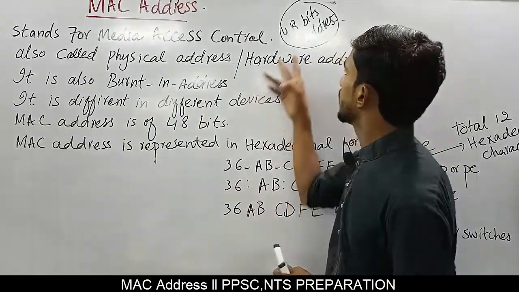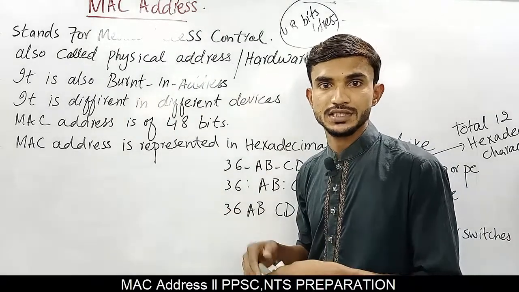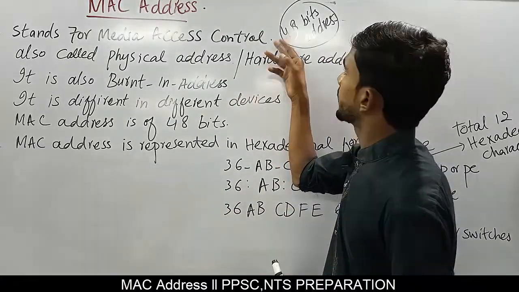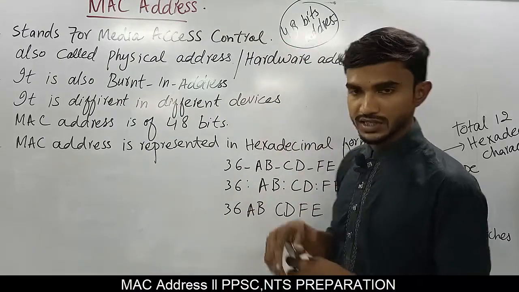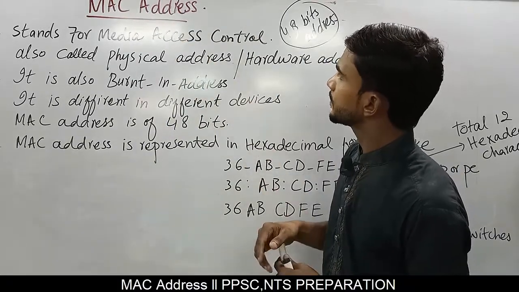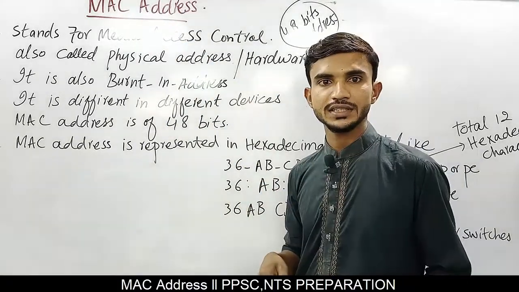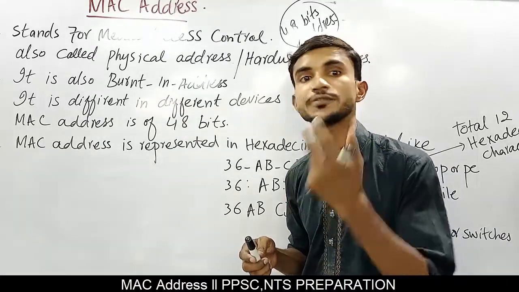I will try my best to make a video on IP addresses as soon as possible. But first, understand that a MAC address is a 48-bit address. The MAC address is basically the physical address.